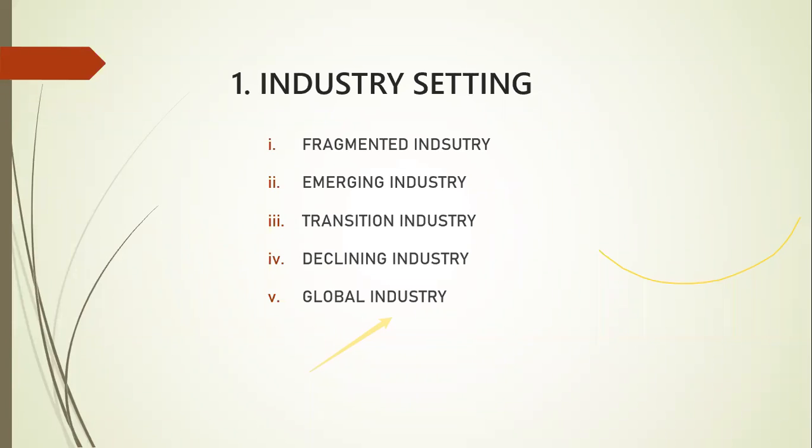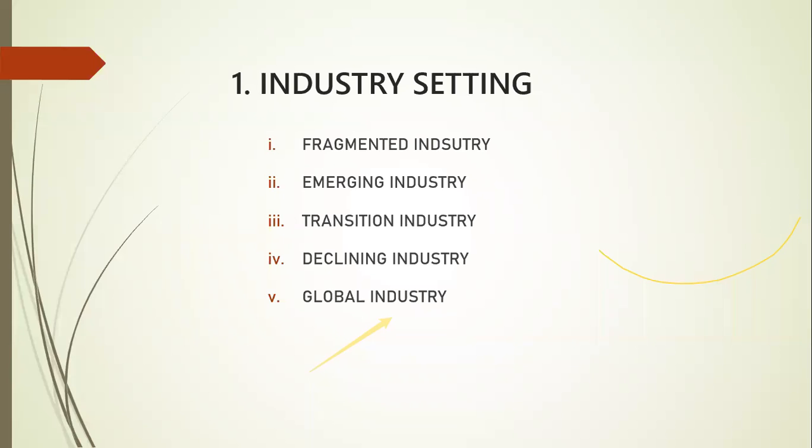So when we do the industry analysis, as an investor, you can invest your money in emerging, transition, and global. These three, we can make investments. Fragmented industry is not appealing. Generally, heavy investments will not flow into that. We don't find FDI coming into the fragmented industry. Similarly, nobody will invest money in a declining industry, right? But the reverse happens.